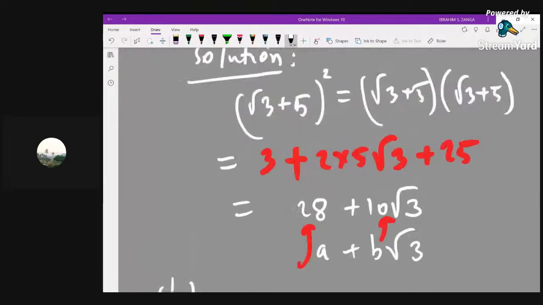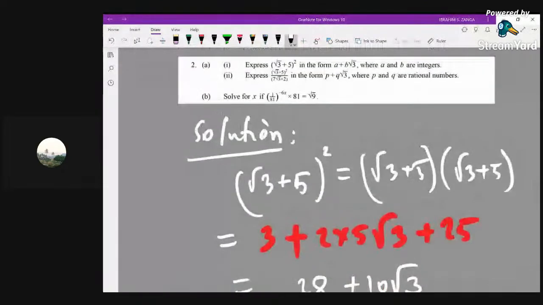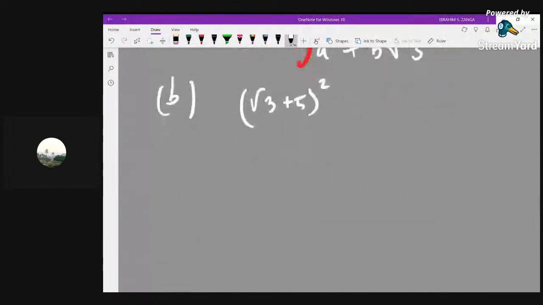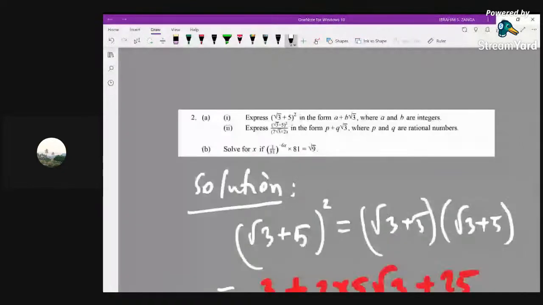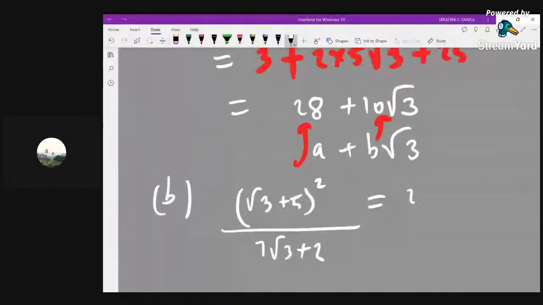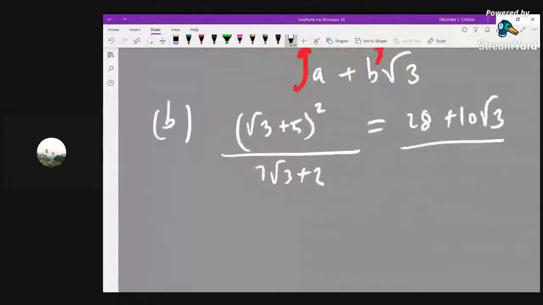We are going to deal with the other part, which is (square root of 3 plus 5) squared over 7 square root of 3 plus 2, and we have seen that the numerator part is 28 plus 10 root 3, divided by 7 root 3 plus 2.